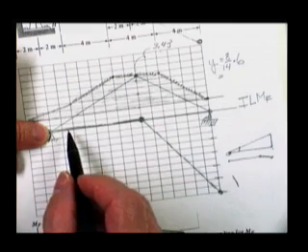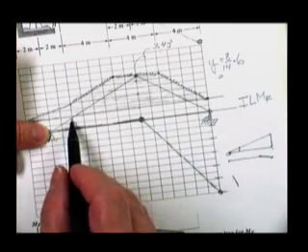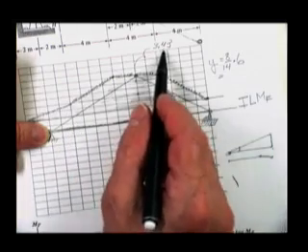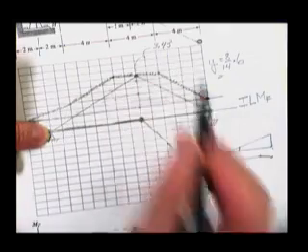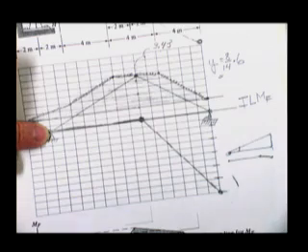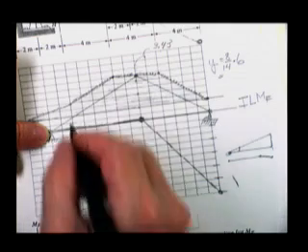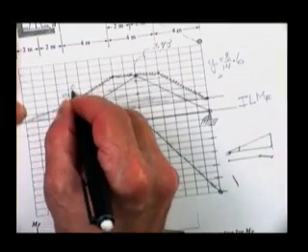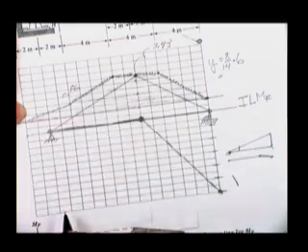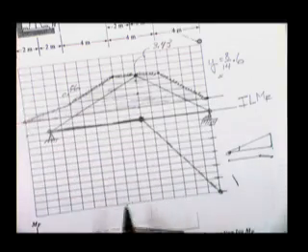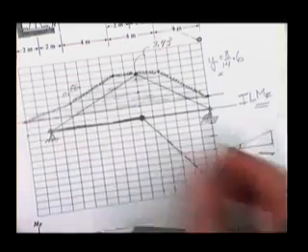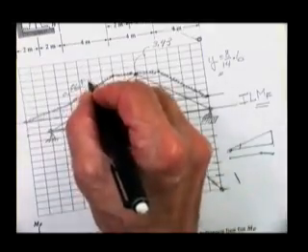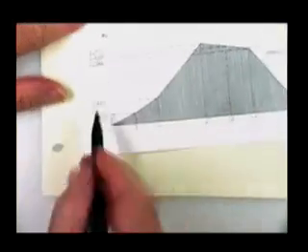What is 2/8 of 3.43? 0.86. So this thing right here is 0.86. This is an influence line for moment, so the units are feet. And you see that's what he got.